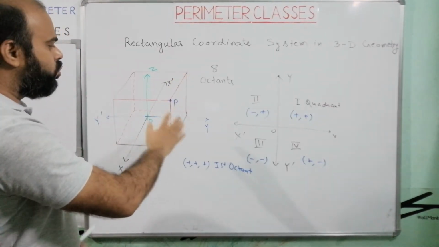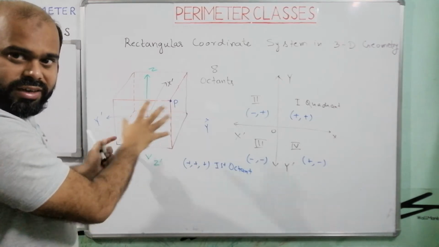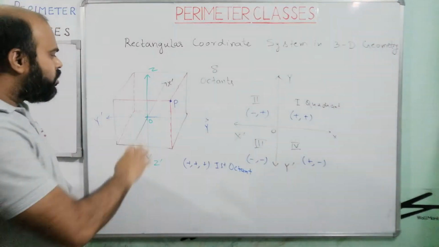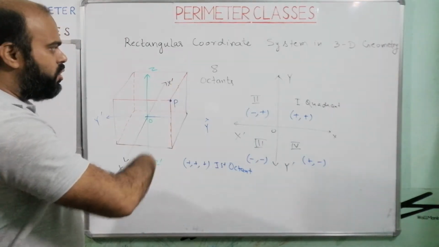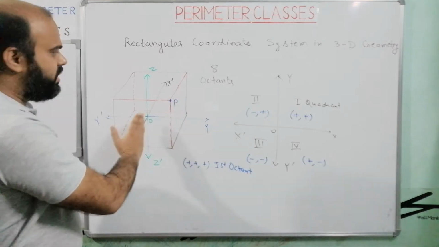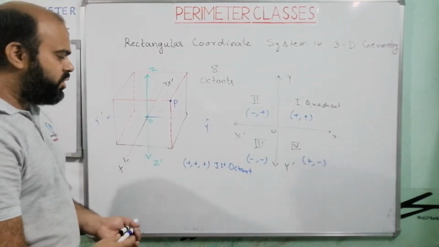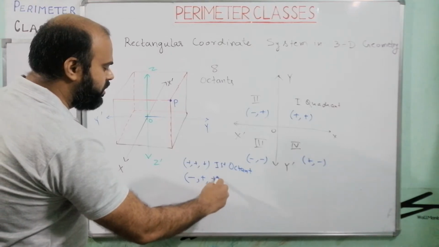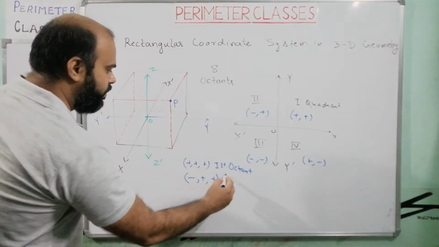Actually, in a three-dimensional figure, x dash is just coming out of the plane. So we go back of this. There we have a negative x-axis, positive y-axis and z-axis is still positive. So we will say that minus, plus, plus is the second octant.